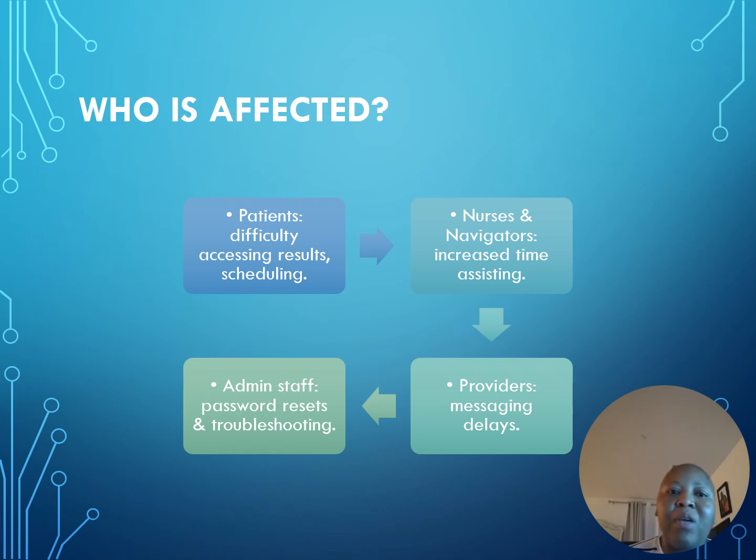A slowdown in one area often triggers a chain reaction that disrupts communication, follow-up processes, and overall coordination across the organization. As Harian mentioned, even small workflow inefficiencies can create a system-wide ripple effect that impacts both staff performance and patient outcomes.